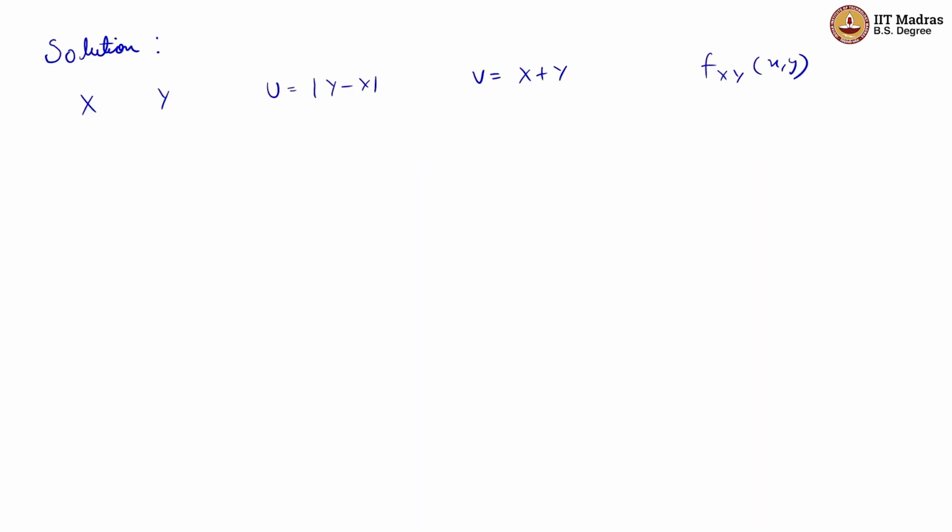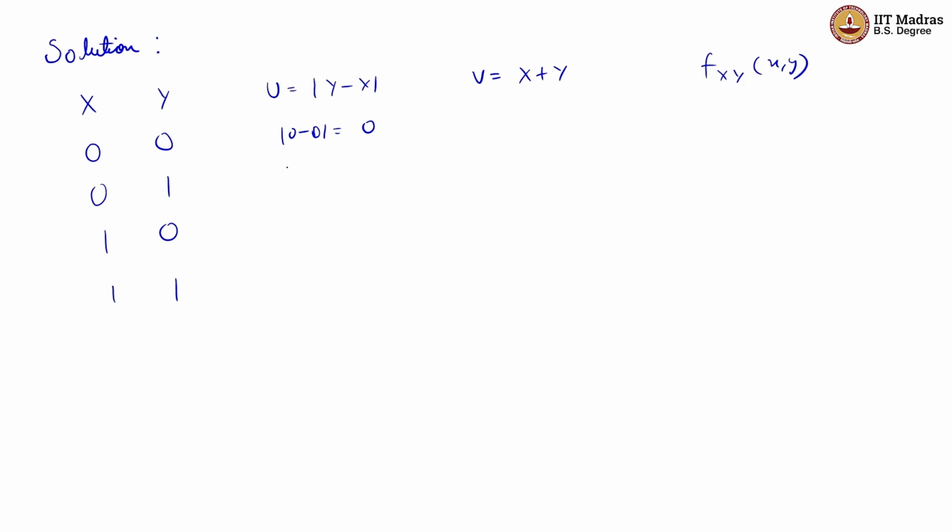So all possible x, y pairs are (0, 0), (0, 1), (1, 0), (1, 1). As both are Bernoulli distributions, they will only take two values, 0 and 1. The corresponding value of U: for x is equal to 0, y is equal to 0, the value is mod of 0 minus 0, which is equal to 0.